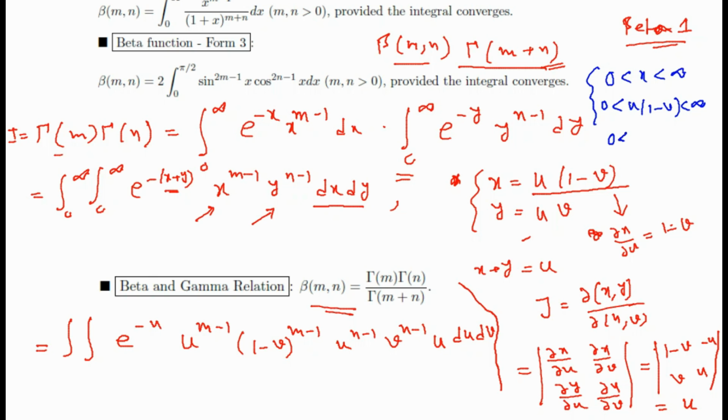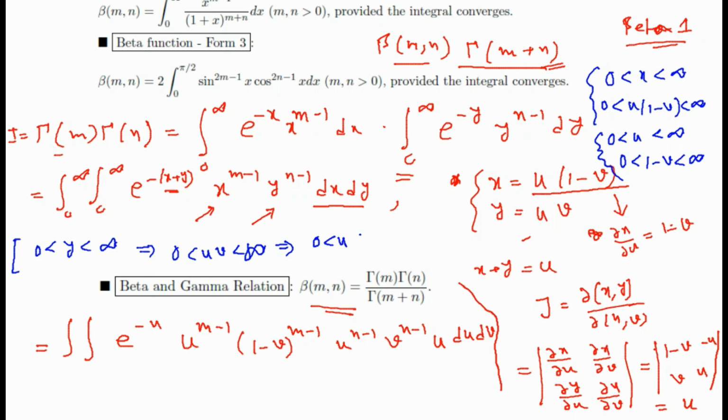That means 0 less than u less than infinity and 0 less than 1 minus v less than infinity. And for y, 0 less than y less than infinity means 0 less than uv less than infinity, so 0 less than u less than infinity and 0 less than v less than infinity.